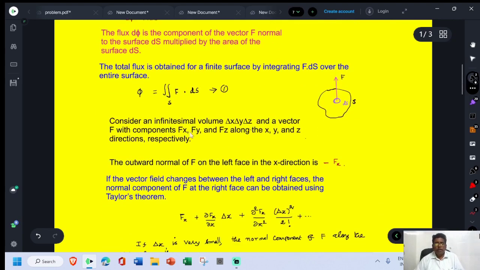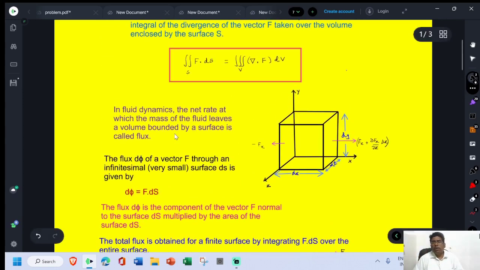Now, read out this. Consider an infinitesimal volume delta x, delta y, delta z. Infinitesimal means very small. We are taking a very small volume, delta x, delta y and delta z, and a vector f with the components fx, fy and fz along the x, y and z directions respectively. Now we are going to calculate the outward drawn normal along the left side and the right side.